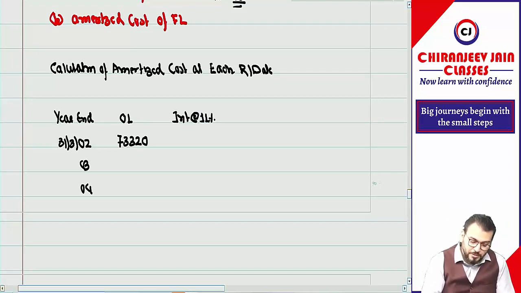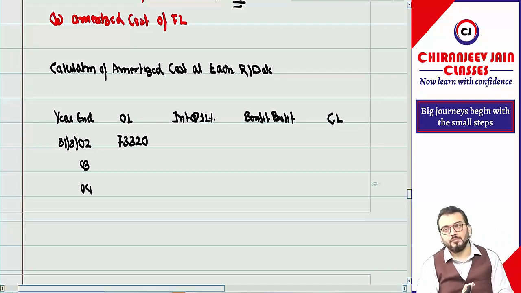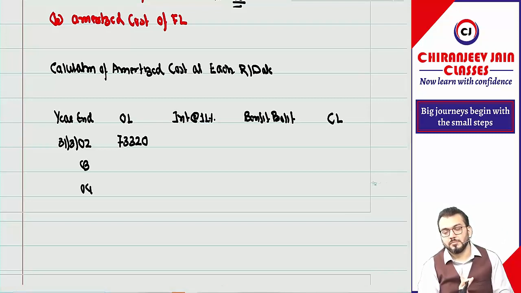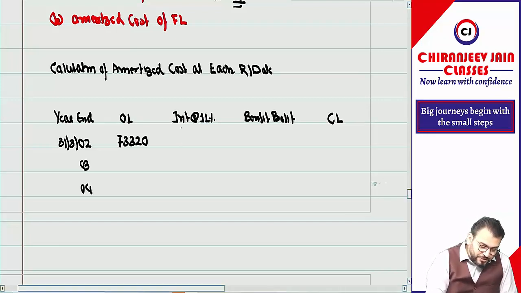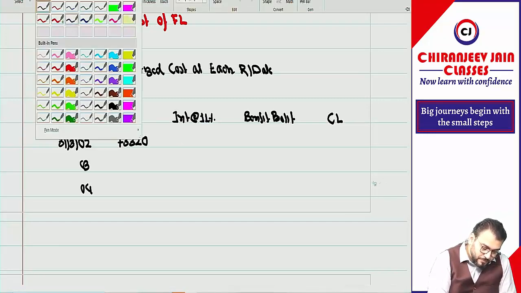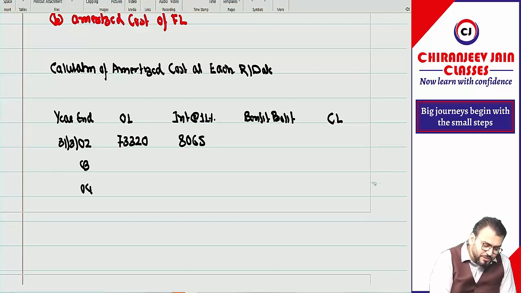Correct? Understood? Then let us write down benefit provided. I will explain. This will be closing liability. So, can you give me interest at a rate of 11% for the first year? 8065.